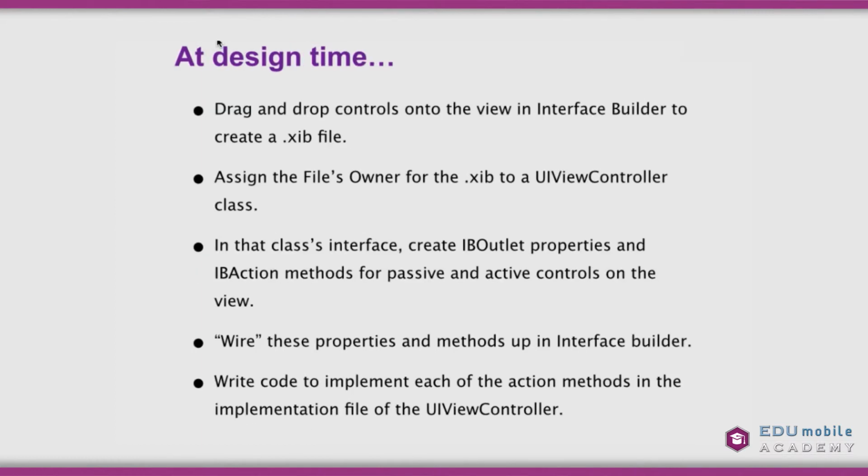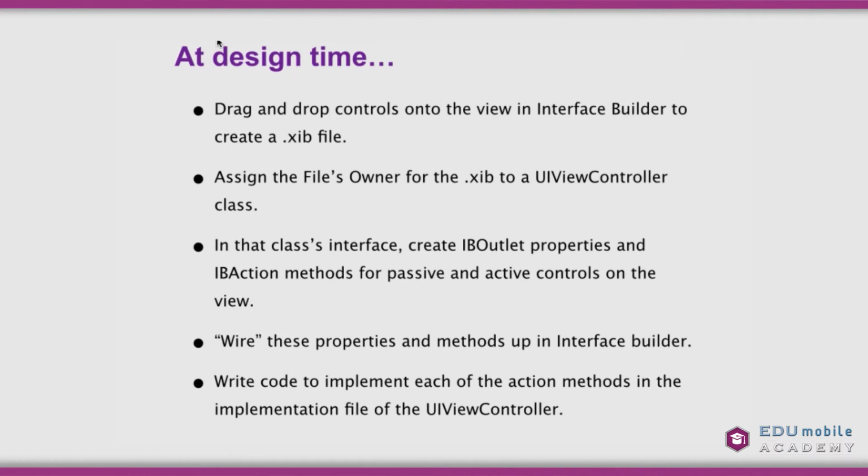So at design time, we're going to drag and drop controls onto a view using Interface Builder, and this will build our nib file. And then we want to assign File's Owner in Interface Builder to the view controller that we want to control this view.